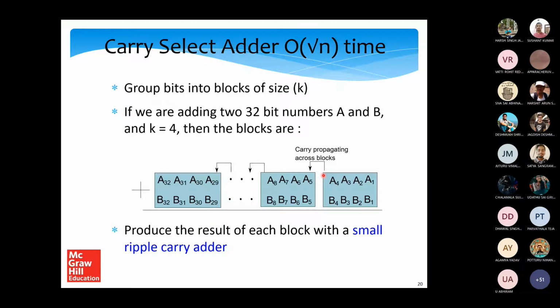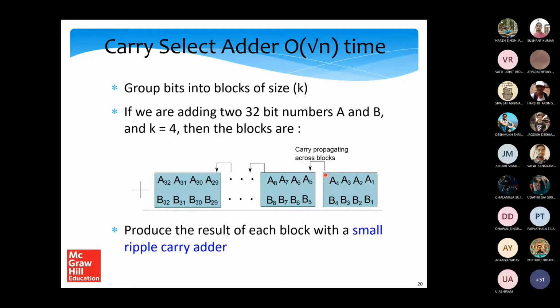Now, we are talking about binary decisions. That means the carry propagating across blocks can be either 0 or 1. It cannot be more than that. Do you agree with me?